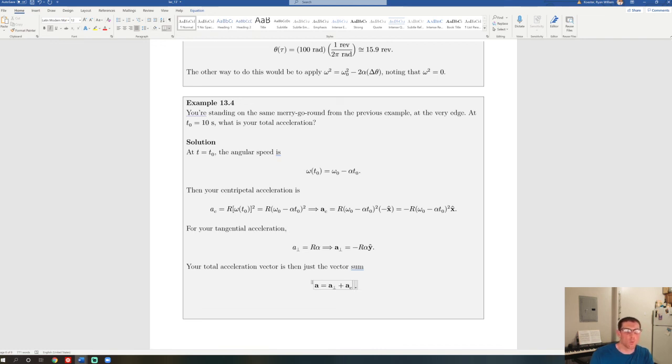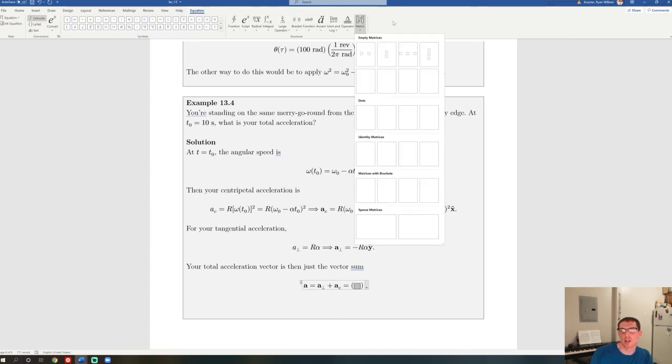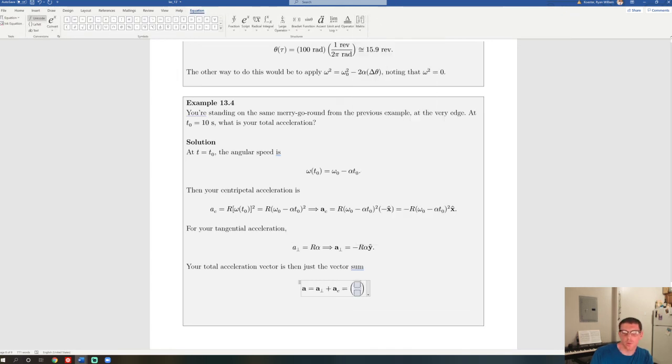I'm not going to calculate the numbers, but I will just express it as a column vector like this, right? So this position is x hat, this is y hat.